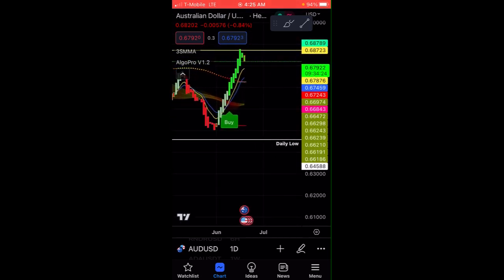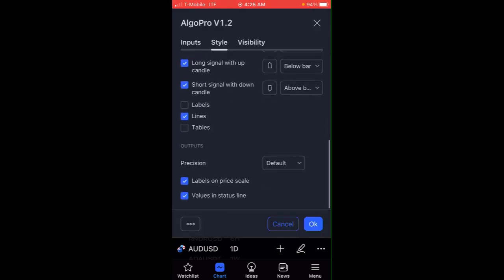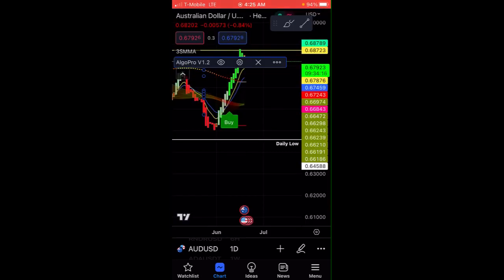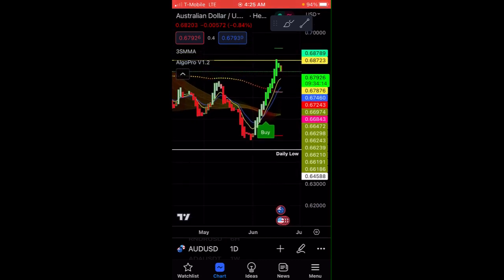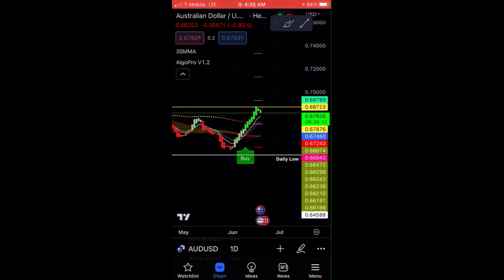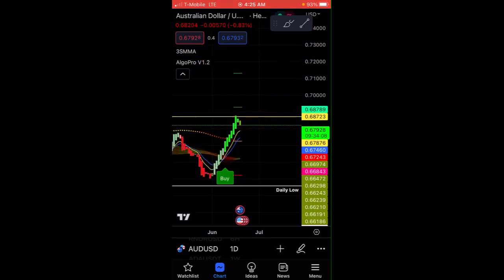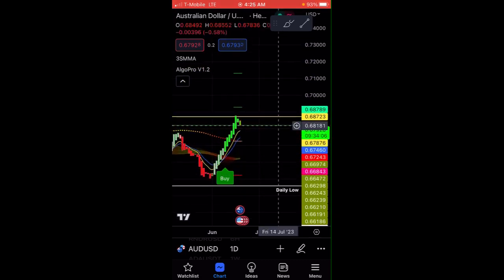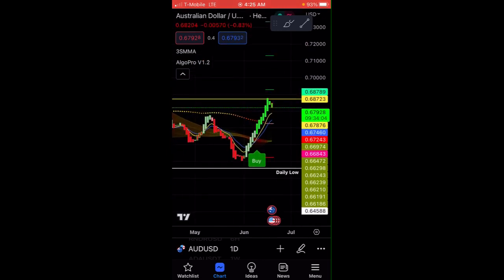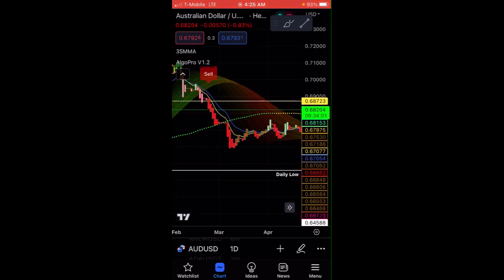So the next thing that it has, and I'm going to talk about, let's load the line. So the lines are there. What it also does is it gives you support and resistance zones. That's these lines right here, and you also see the cloud.